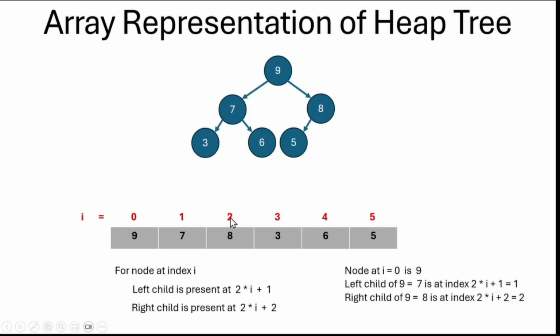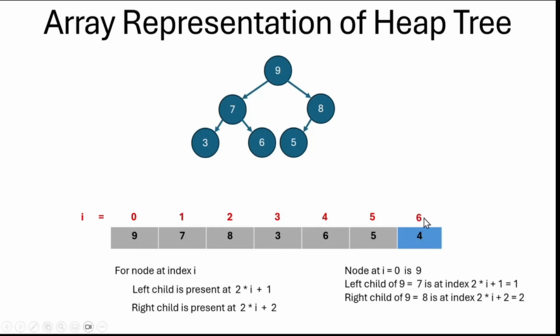So based on the index of the node, the left child and right child will be present at their respective indices. So the left child will always be present at an odd number index and the right child is always present at an even number index.